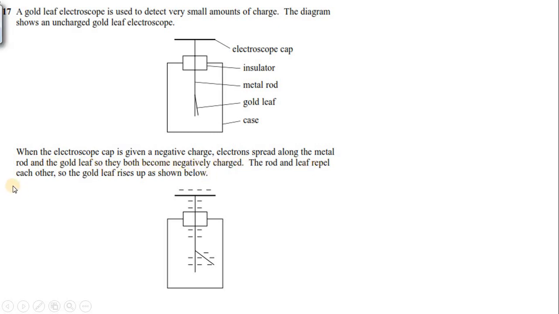The rod and the leaf repel each other so that the gold leaf rises up as shown below. This is the working principle of a gold leaf electroscope, because if you give negative charge, all the electrons from this metal cap go down, and it is all made of metal, so they spread all over the metal and the gold leaf. Due to the same charge, they repel, and we see more deflection in the gold leaf. This shows that it has the same charges, whether negative or positive.